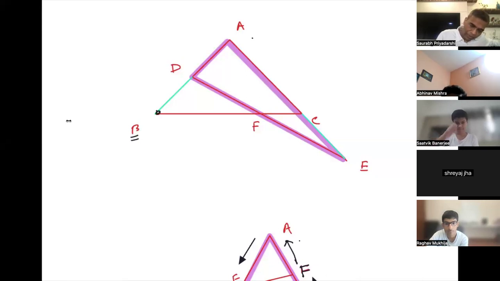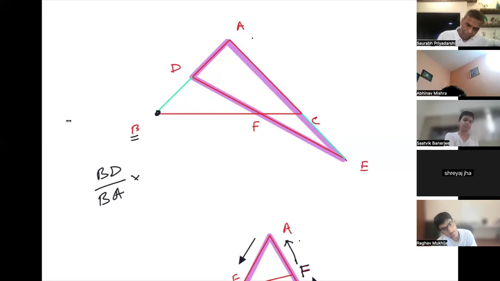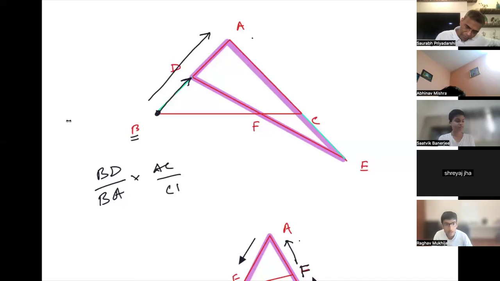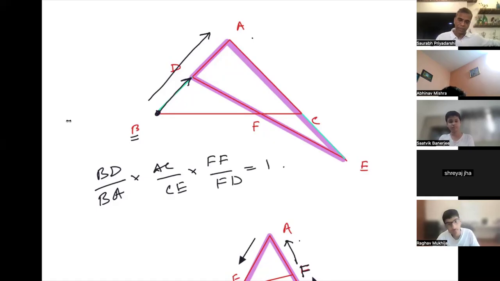From B. B is the external point, so this is BA, and this is BD. BD upon DA, into, if you want to start with D, then CA, then AC upon CE, then EF upon FD is equal to 1.